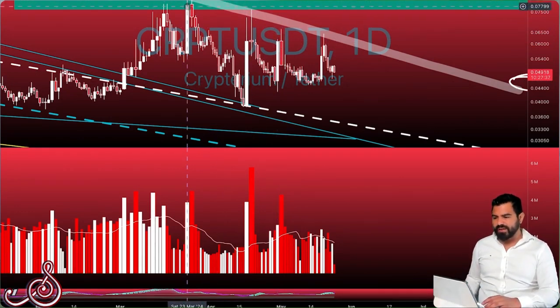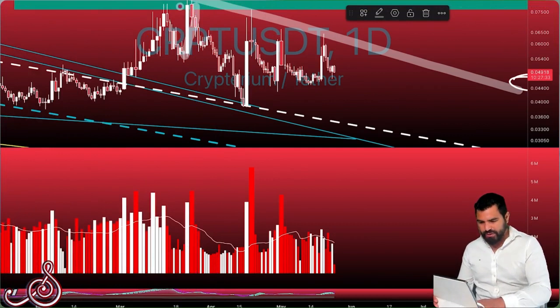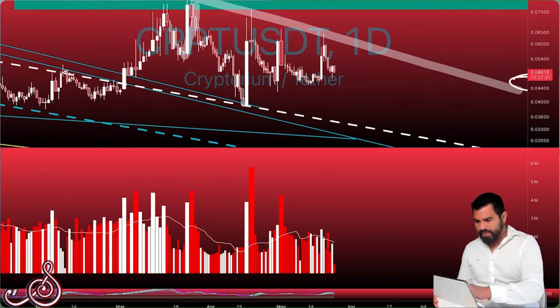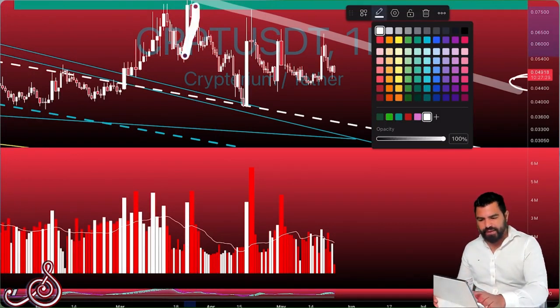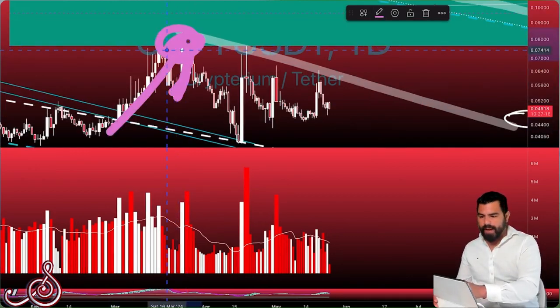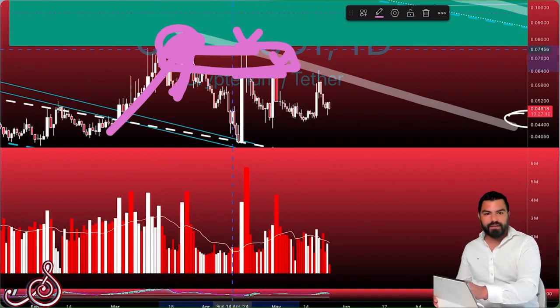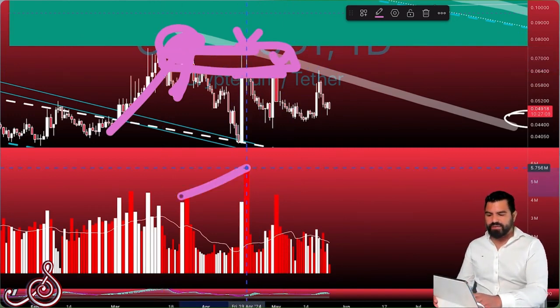So this tells me on this pump here, let me show you. This tells me on this pump in this area, when they did this move up here, and they challenged it again here, and they challenged this again here, in this area, there was an increase of volume, and there's still a lot of volume, ultra high volume.